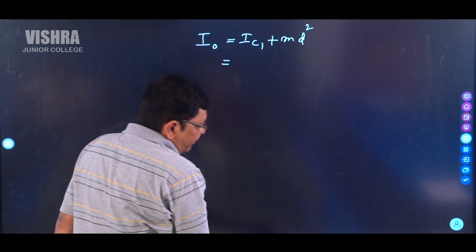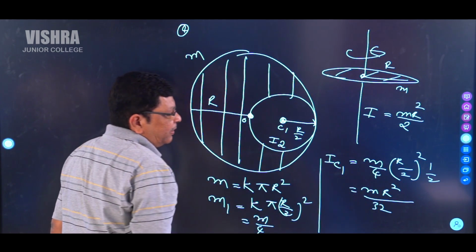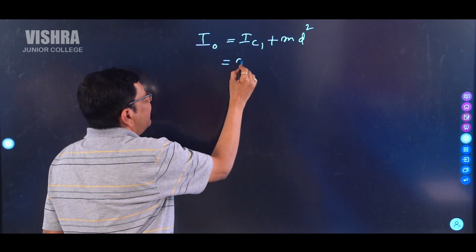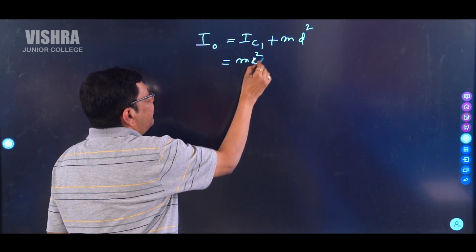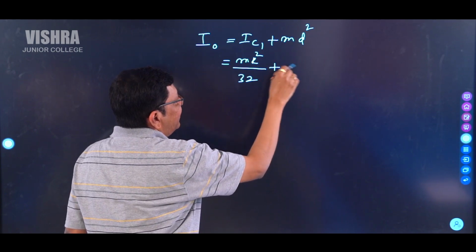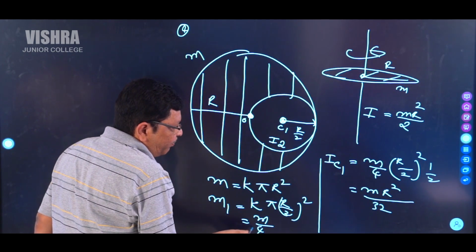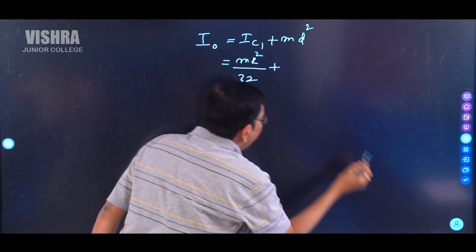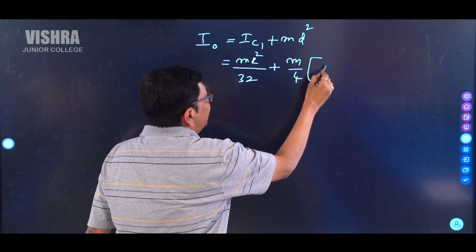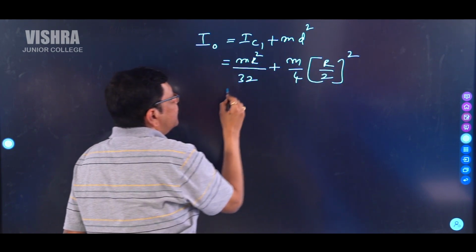Here I about C1, we know it as MR square upon 32, plus the mass of this cavity portion disk, which we have derived as M upon 4. Distance between them is R by 2 from O to C1, so R by 2 whole square.